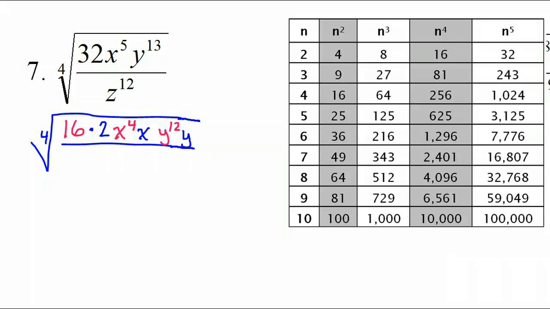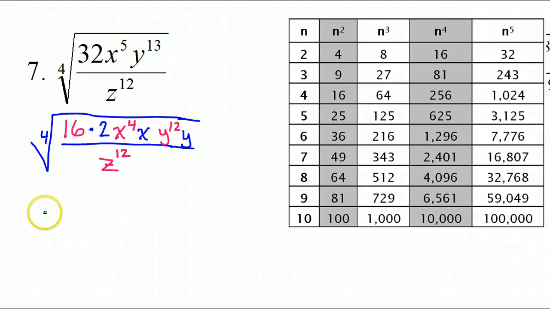And finally, I've got the z. Well, z to the 12th is already divisible by 4, so I will just write it in pink. So look, everything that's here in pink is going to simplify and come out of the radical.